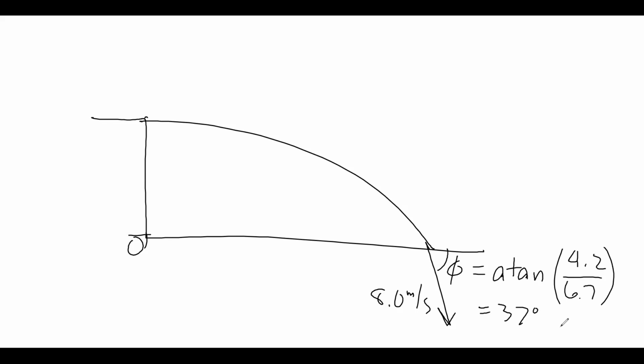Sometimes my 7s look like 2s, so there we go. The answer itself isn't as important. What many people like to do, though, is find the launch angle by just connecting the positions, right?